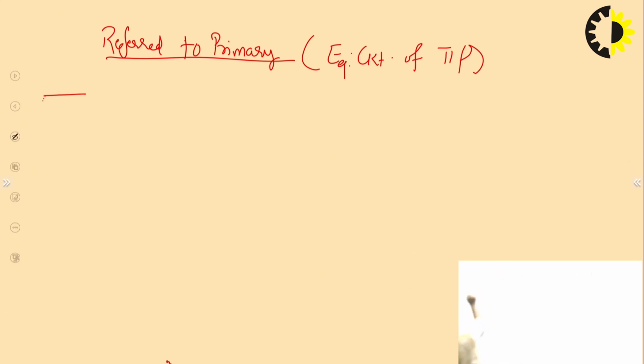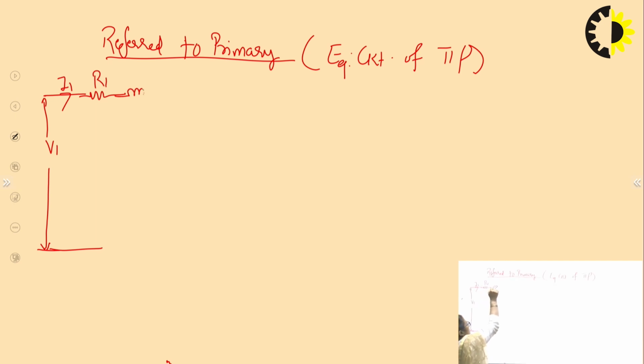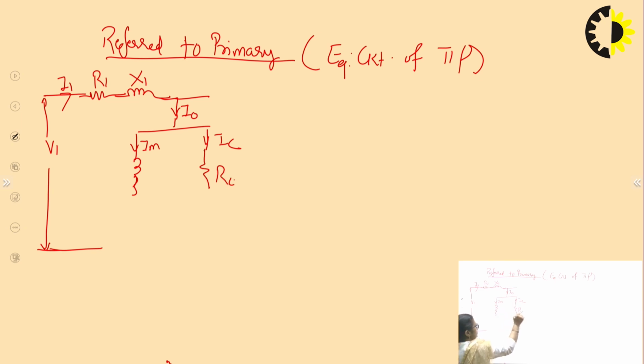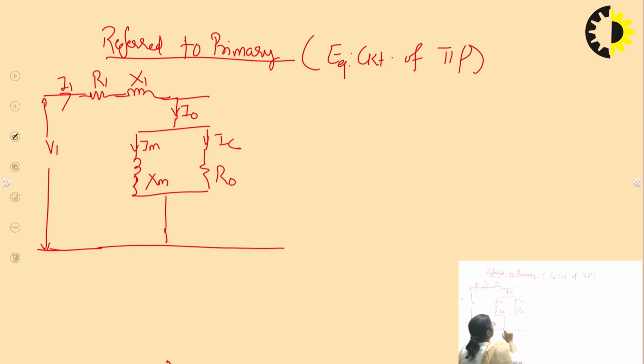Input voltage is V1, input current is I1, flowing through the primary resistance R1 and leakage reactance X1. The no load current I0 is divided into IM and IC, IM through X0 and IC through R0. The primary circuit is as it is.